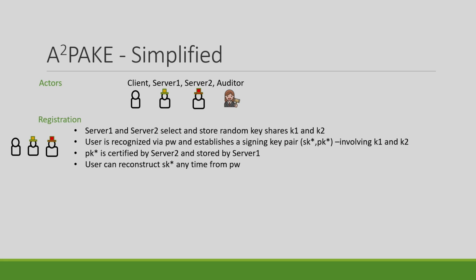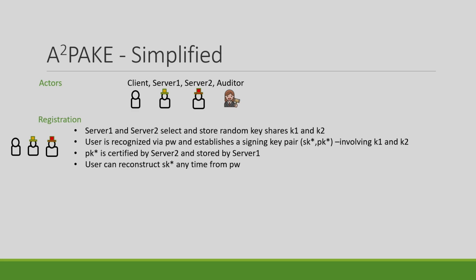So server 1 stores K1, server 2 stores K2, and then the user will be recognized using his password in a threshold way somehow, and will establish a signing key pair, SK star, PK star, which will involve K1 and K2. We will see later how this can be done, so that PK star will be certified by server 2. So server 2 will sign PK star, and this will be stored by server 1.